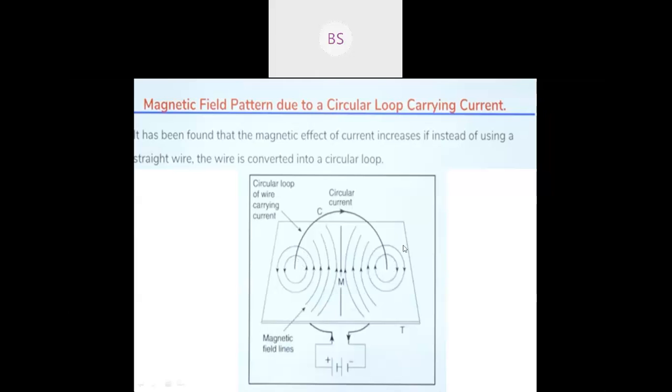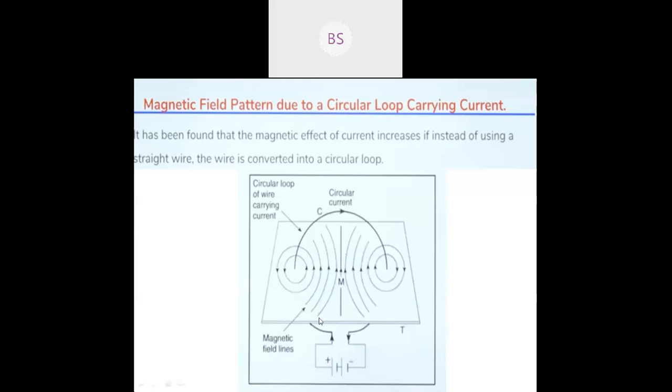This cardboard is kept in a horizontal way, such that the points P and Q form the diameter of the coil. So here you can see that when you join points P and Q, this will form a diameter.